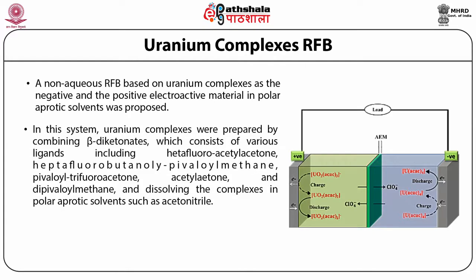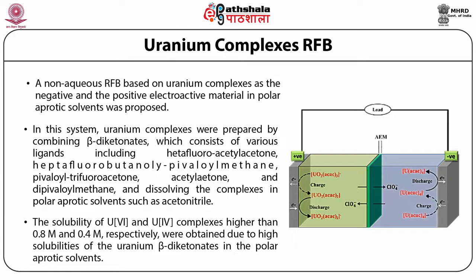In this system, uranium complexes were prepared by combining beta diketonates, which consist of various ligands including heptafluoroacetylacetone, heptafluorobutanol, pivaloylmethane, pivaloyltrifluoroacetone, acetylacetone, and dipivaloylmethane, and dissolving the complexes in polar aprotic solvents such as acetonitrile.